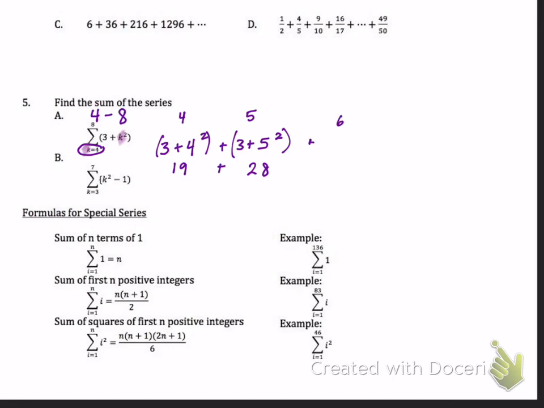Plus 6, so 3 plus 6 squared is 39. And then 7, 3 plus 7 squared. And then my last one is 8, so 3 plus 8 squared is 67. Then in your calculator, you add up 19 plus 28 and all of these together.